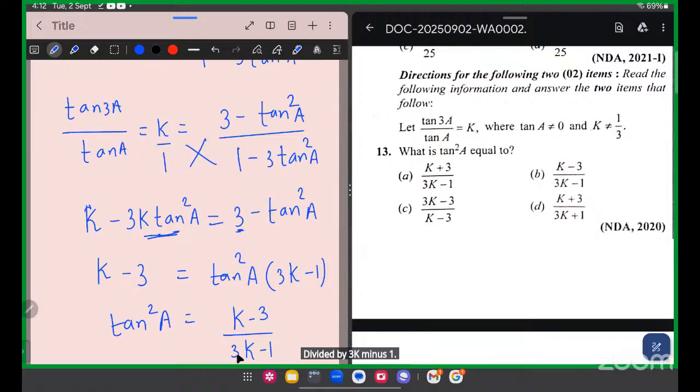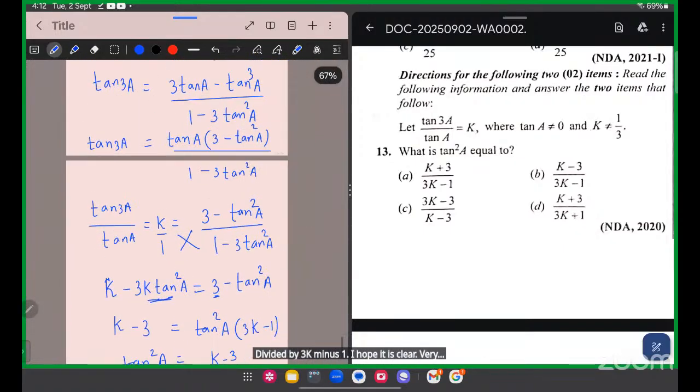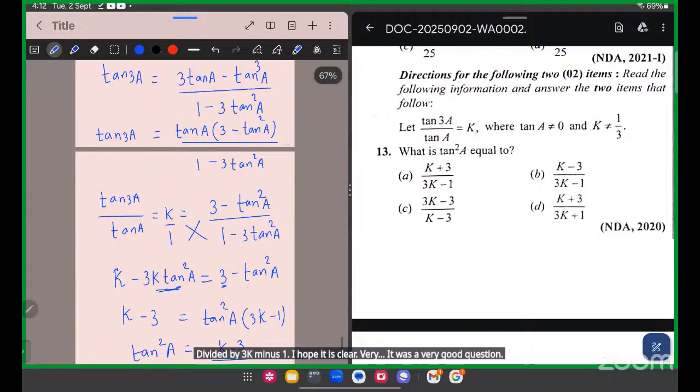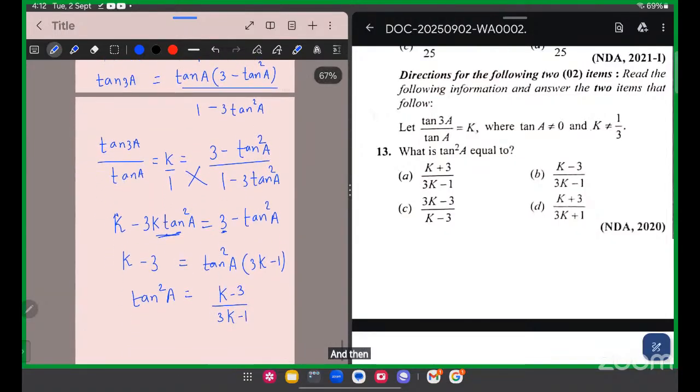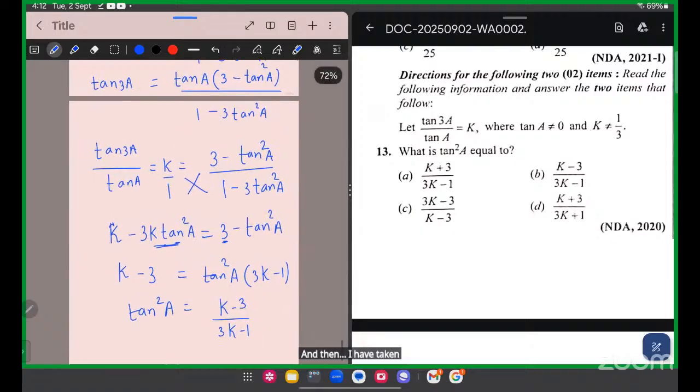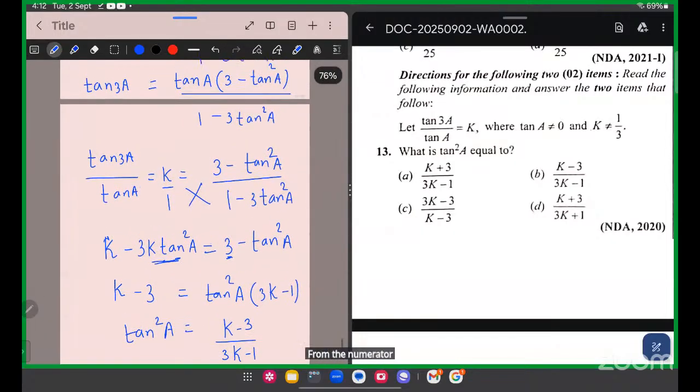I hope it is clear. It was a very good question. So first of all, I have written the formula and then I have taken tan a common from the numerator. Then I have moved that tan a into the denominator of the left hand side, which becomes tan 3a divided by tan a, which is equal to k.